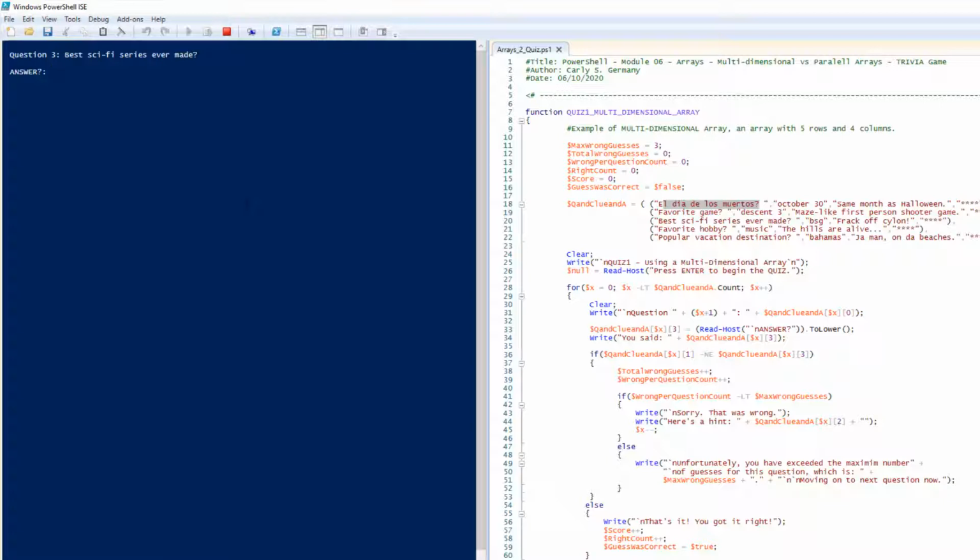Best science fiction series ever made, BSG, that's it. Wrong guesses for this question 0 because I got it on my first guess. Questions answered correctly 3. Total wrong guesses 3. Okay? And what if I get one wrong? Basket weaving.